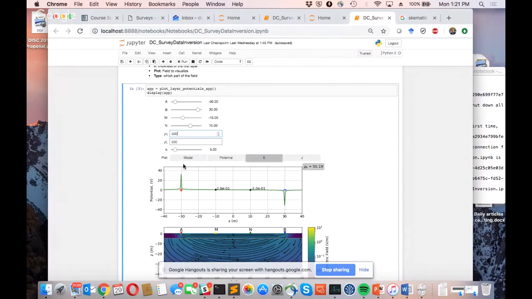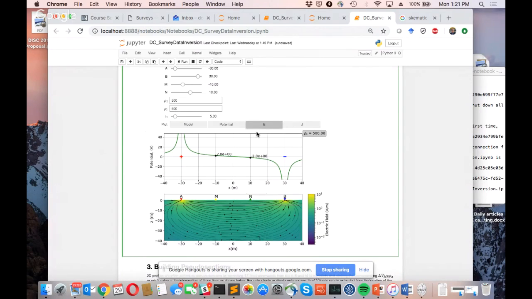So now we're going to apparent resistivity.